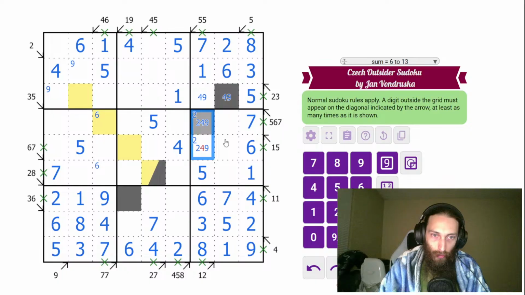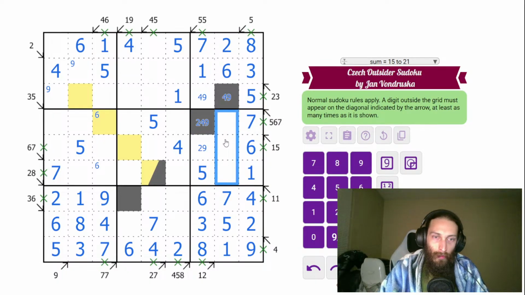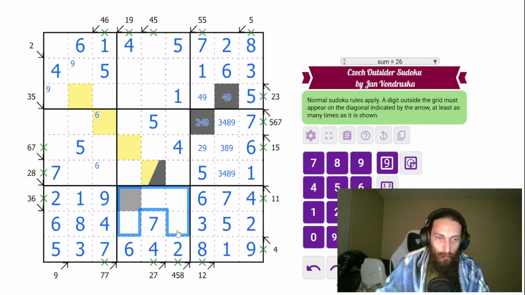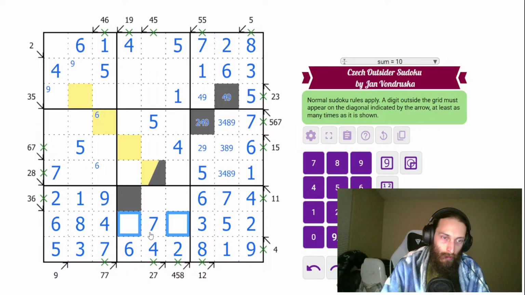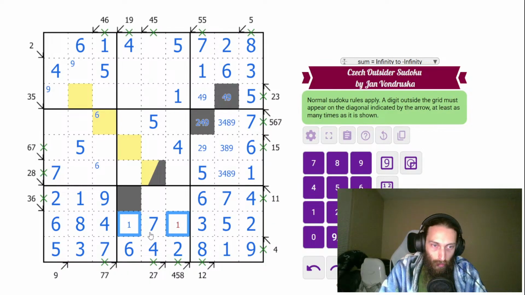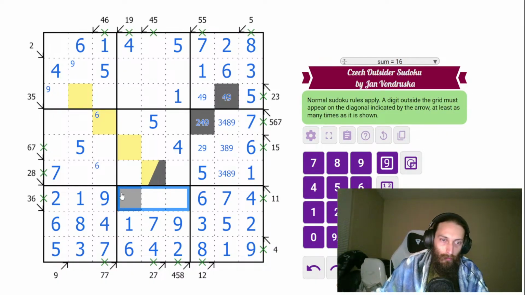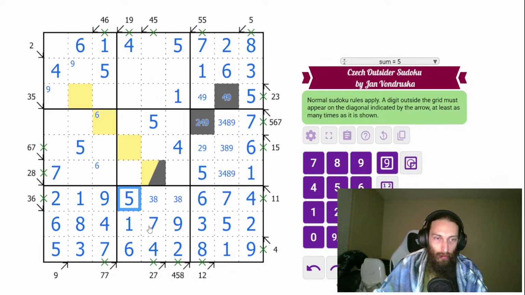4, 9, 2. 6, 5, and 1. No, that's 1. That's the 9. So this one 3, 5, and 8, 9. So that is 5.